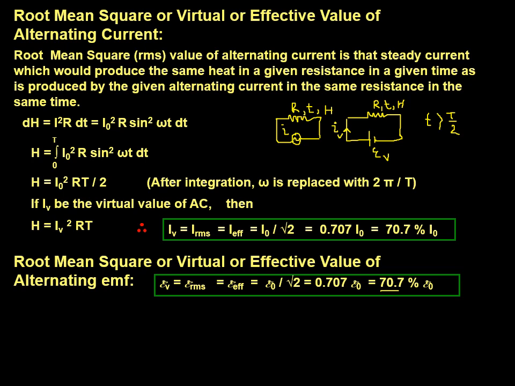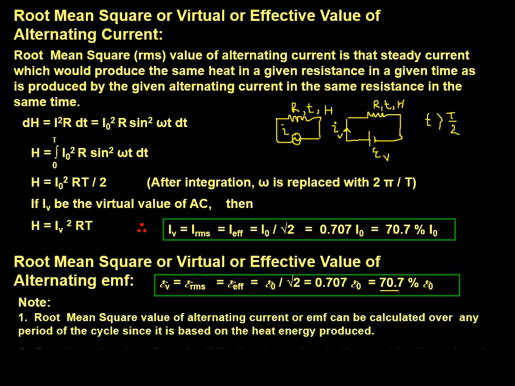And remember, most of the alternating current apparatus use this technique of measuring the heat produced by a current, and that's why all the AC measuring instruments are called hot wire instruments.